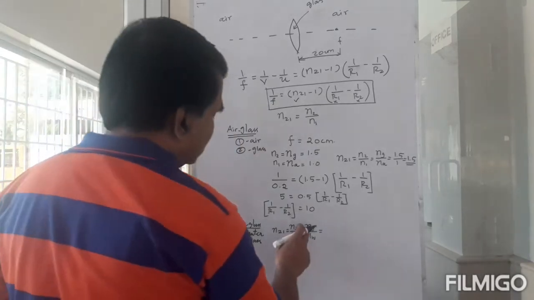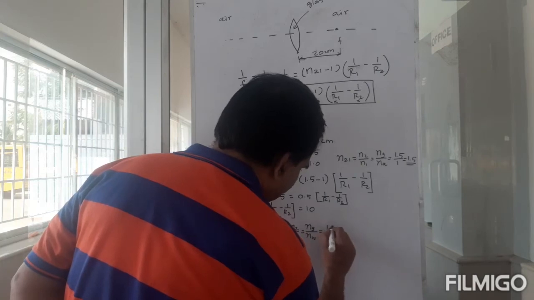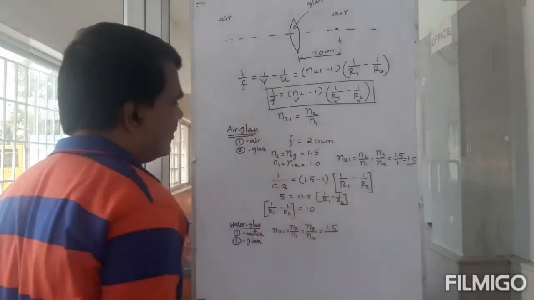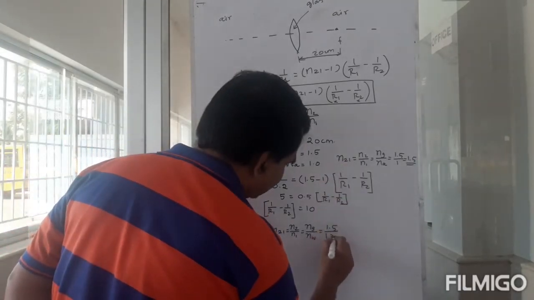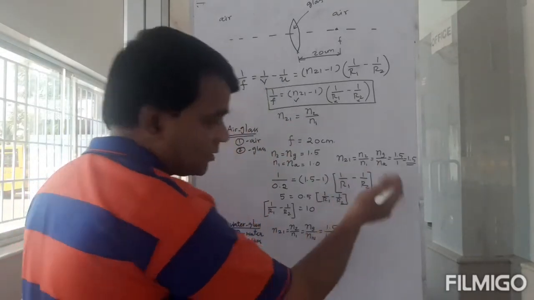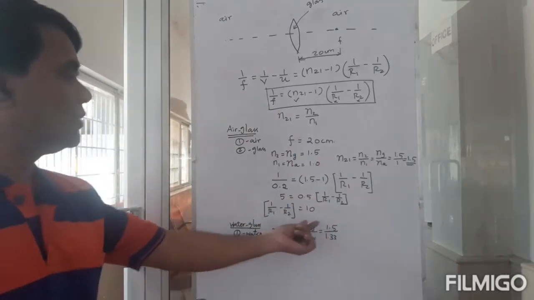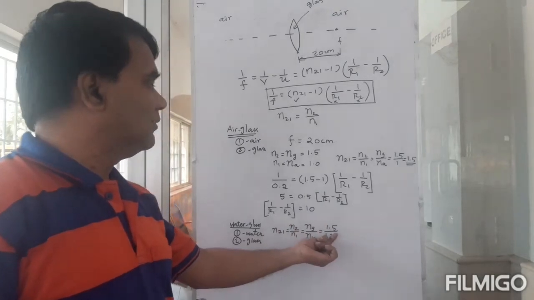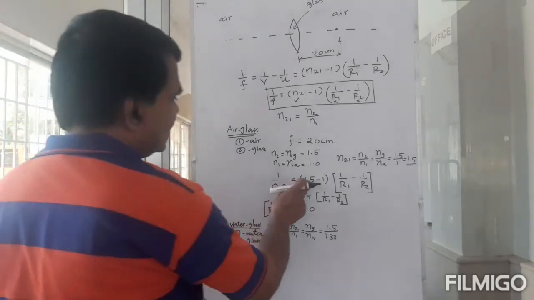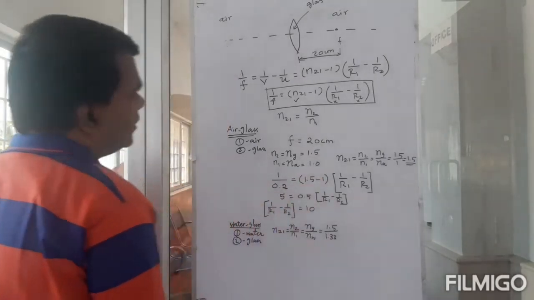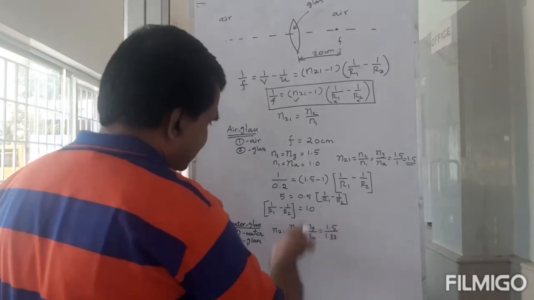So Ng is 1.5 with respect to vacuum or air, and water is 1.33 with respect to air or vacuum. So N21 is 1.5 by 1.33, which is not 1.5, it's less than that, right? You can see that clearly. So this term is going to be less than 0.5.